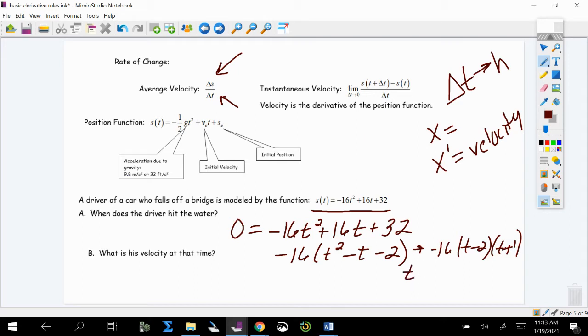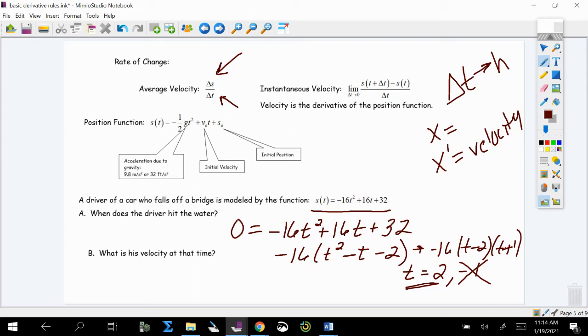So my two t values that make that equal to 0 are 2 and -1. Well, t is representing time, and one thing we know about time is it can't be negative. So this -1 answer makes absolutely no sense because we're not traveling back in time. That tells me that after 2 seconds the car would hit the water. So then part B is actually the calculus part.